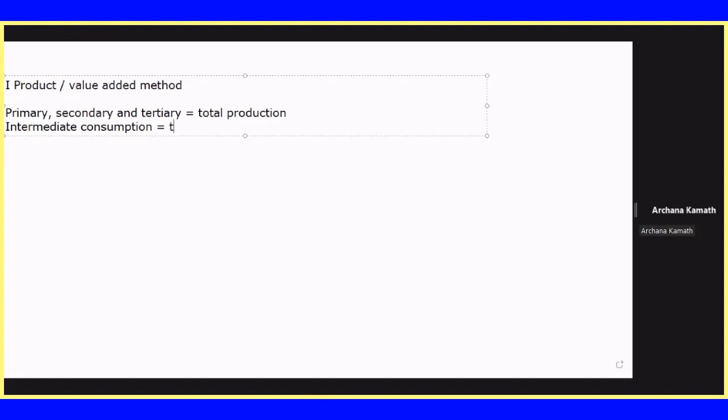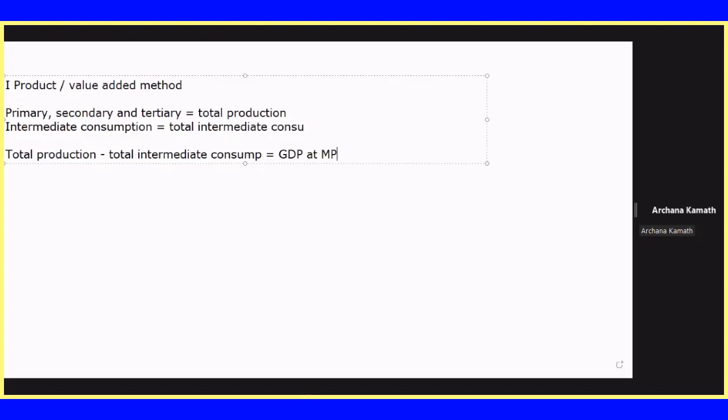Now find out the intermediate consumption of individual sector. It will be total intermediate consumption. When you deduct this from total production, you will have GDP at market price. The first stage is to find out GDP at market price.